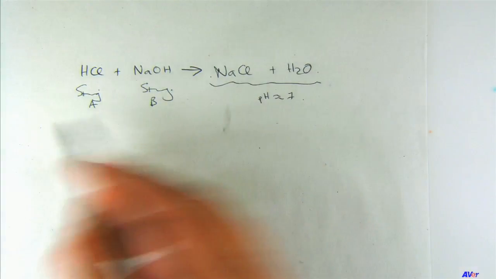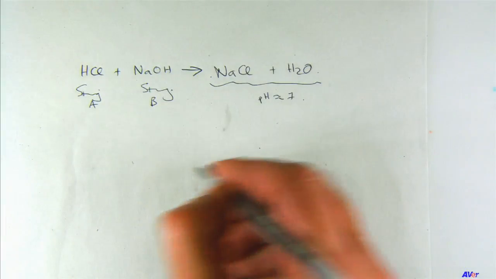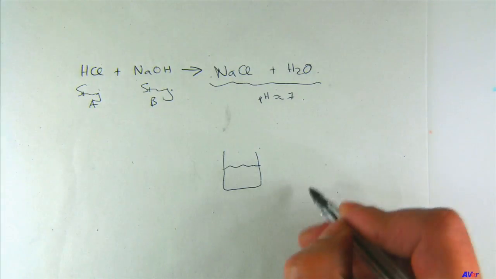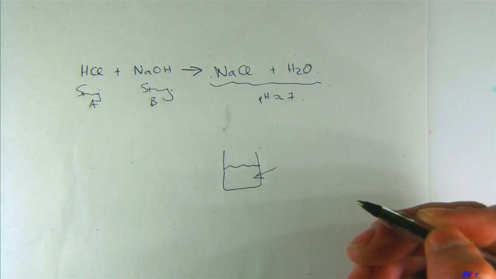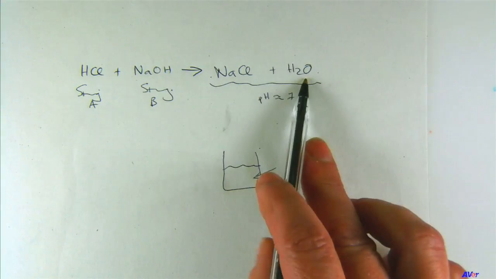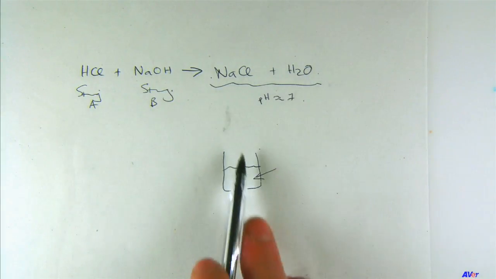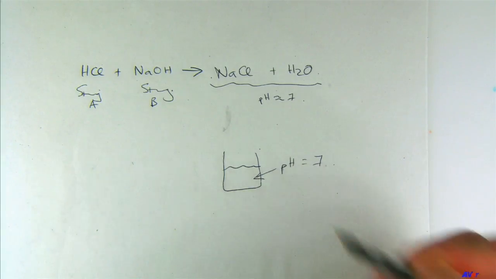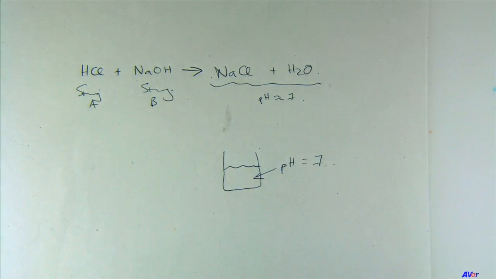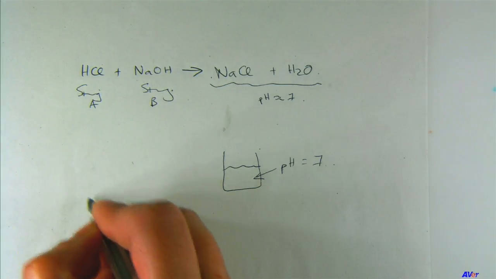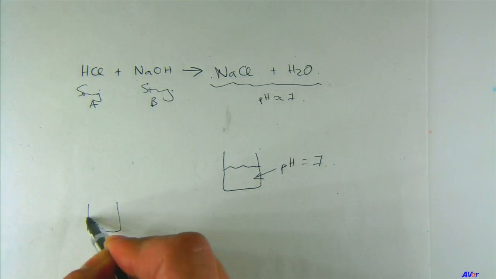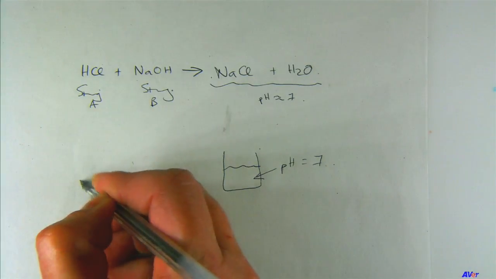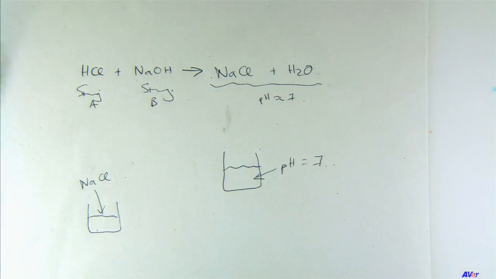Now, eventually, if you look at this, you added everything together in a beaker. And what did you get in the beaker? You actually got a salt solution. And what is the pH over there? The pH is 7. And now they're going to ask you a question. They're going to say, okay, say for instance, I took pure water and I just added sodium chloride into that water.